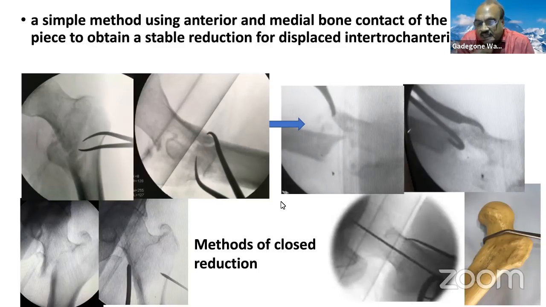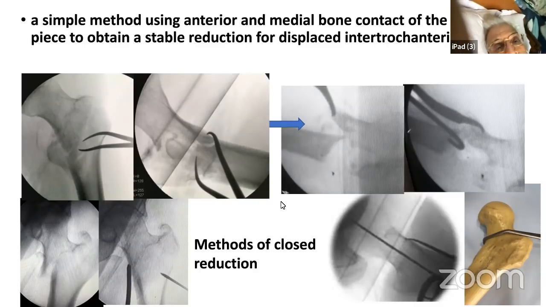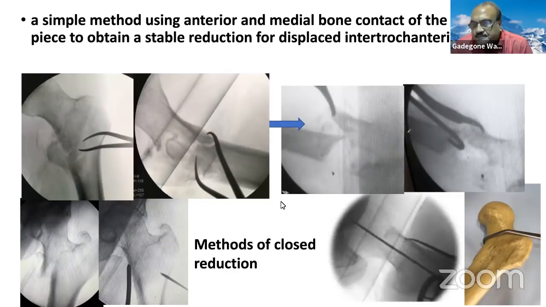And the calcar trabeculae should travel along the distal part of the femoral fragment, and that is the only indication. Otherwise, a small rotation will show you there is a mismatch between the trabeculae traversing from calcar to the distal fragment.